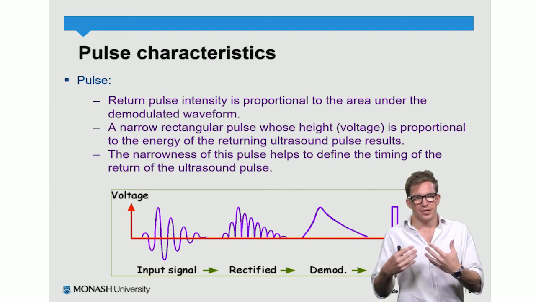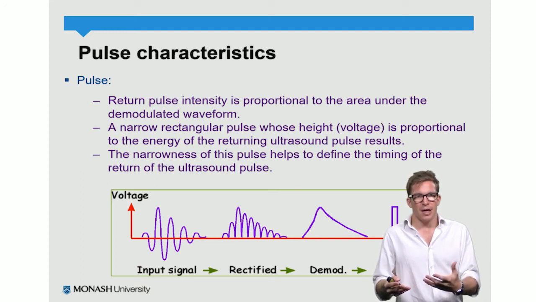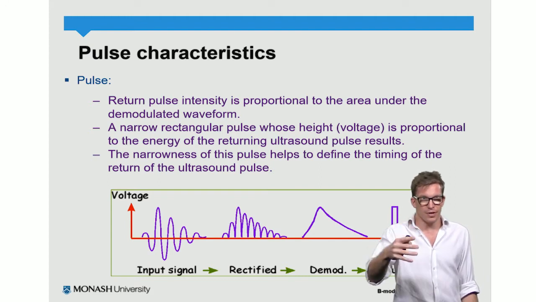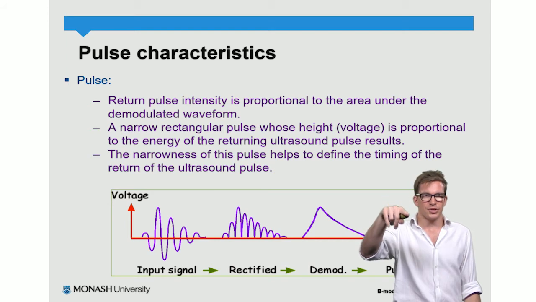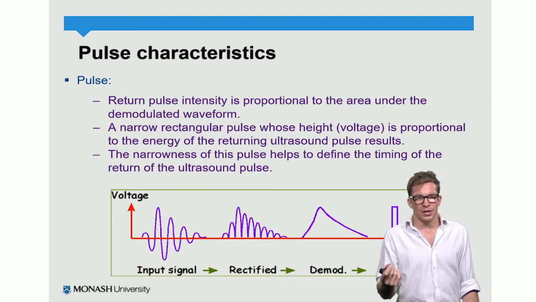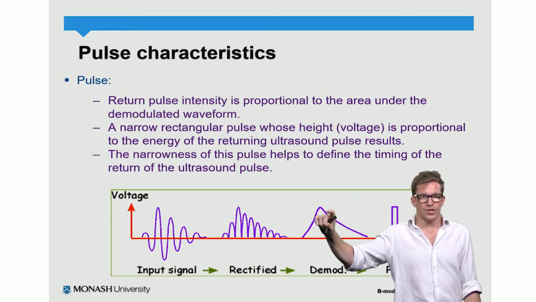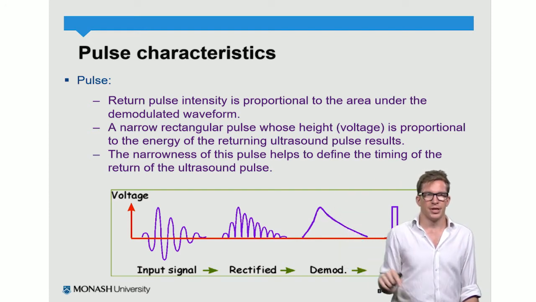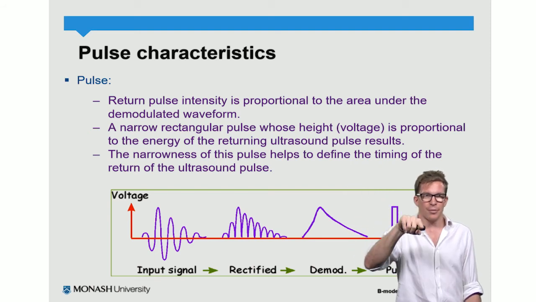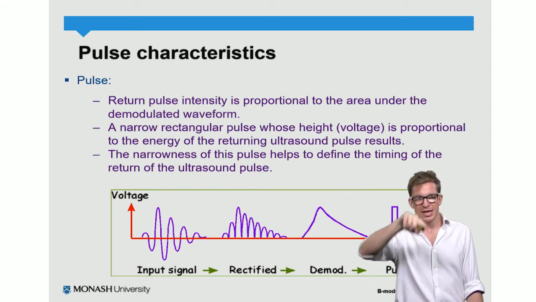So the demodulation processing algorithm then converts the pulse there into an overall envelope, and so the total area within that envelope is then what we're going to convert into the final step pulse. So the step pulse is that square pulse or rectangular pulse at the end there, and the height of that is proportional to the area inside the demodulated envelope.